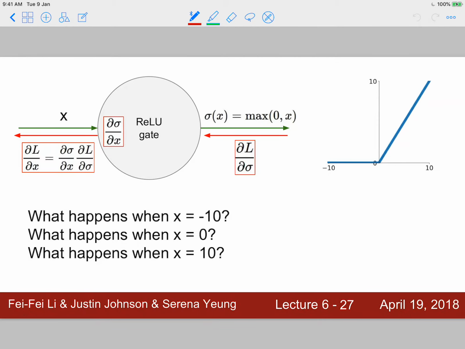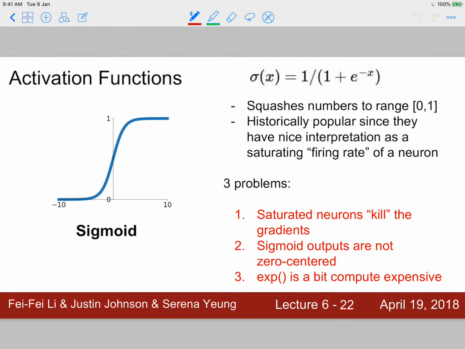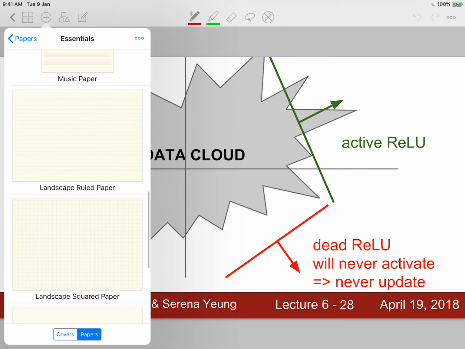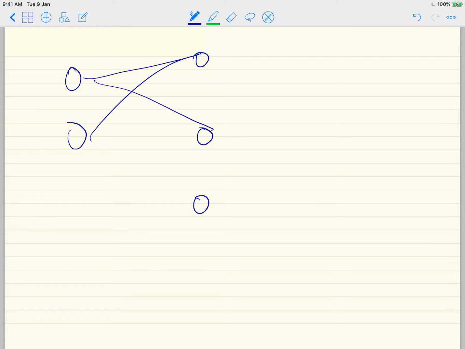Okay, then let's see. There was a question about the dead ReLU. Let me explain this in a little more detail. Consider multiple output nodes, and maybe 2 input nodes. Each output node will have its own linear transformation equation, right?